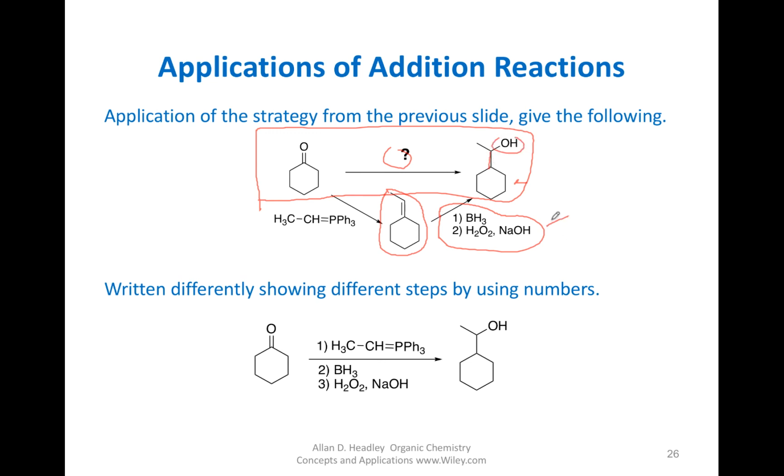Notice it's an anti-Markovnikov hydration addition reaction, a reaction that you did a couple of chapters ago. So that's called retro-analysis. Continuing with the retro-analysis, if you had this molecule, what molecule will it take to make it?